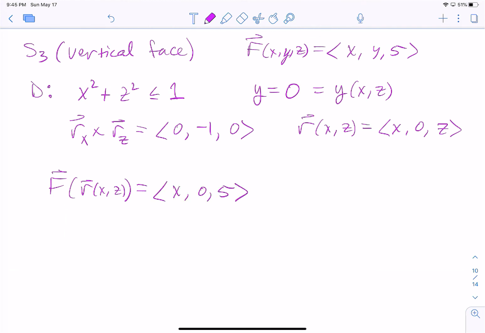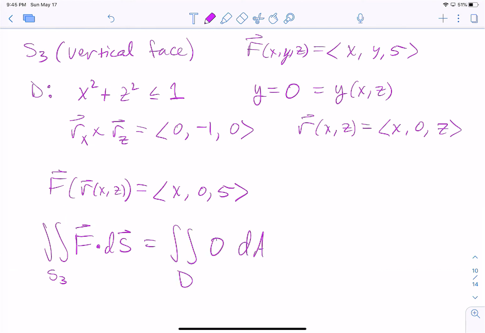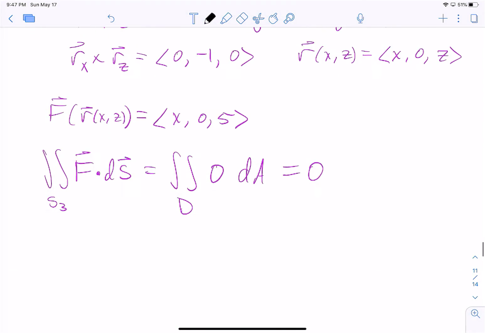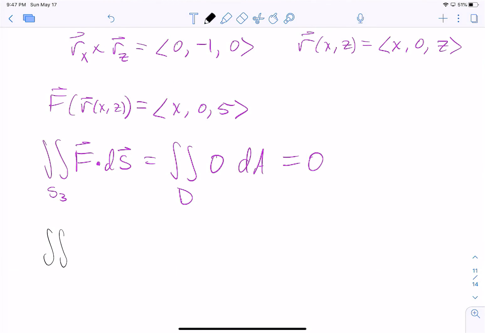All that work, though, check this out: F dot the cross product of r_x and r_z is going to yield 3 terms of 0. So the surface integral over S3 of F dot dS is equal to the double integral over the region D of, it doesn't matter because it's 0 times dA. That answer is 0.